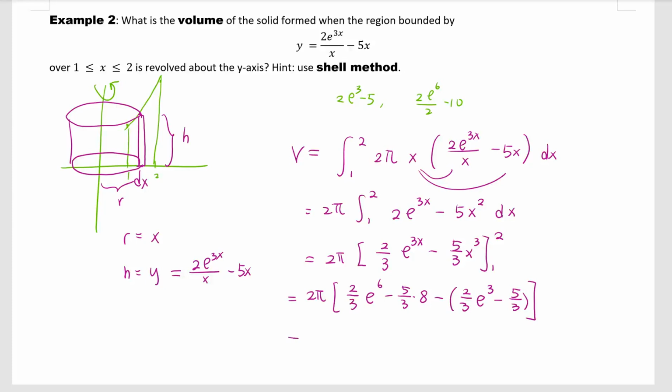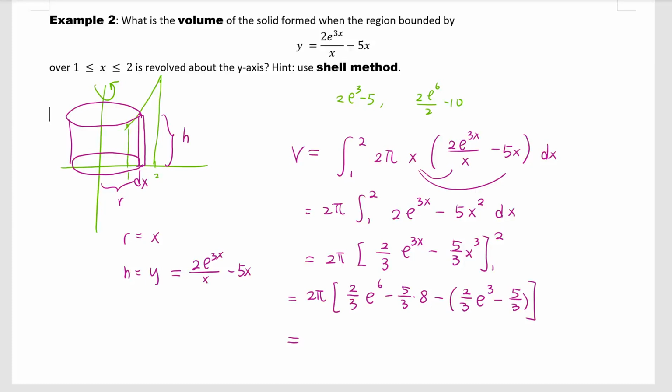Wow. This is big. I allowed you to use your calculator. Okay, let me find my calculator and plug this guy in. So I have 2π times 2/3 e^6 minus 5 times 8 is 40, 40 over 3, minus 2/3 e^3 minus 5/3.